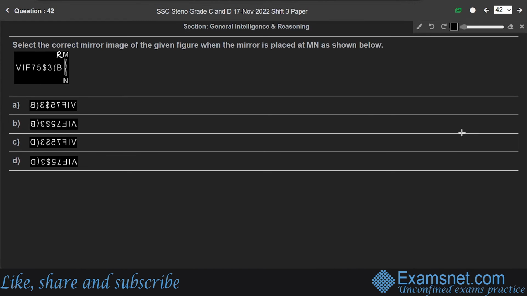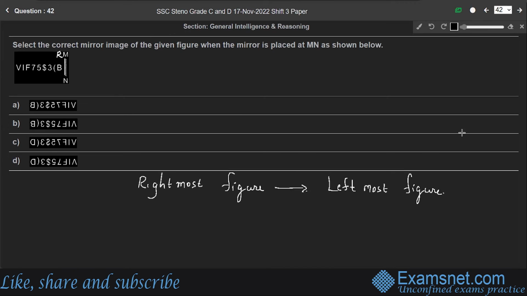So here the first point is, the rightmost figure will appear as the leftmost figure in the image.